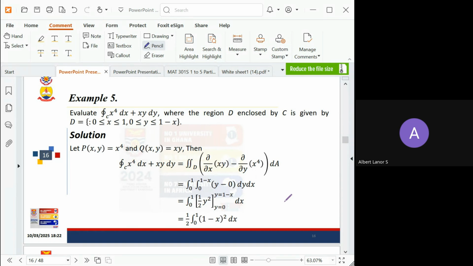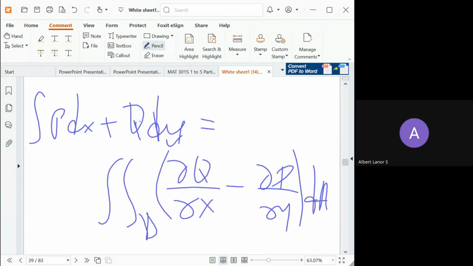Now we want to integrate x^4 dx plus xy dy over this region. So there is an x region and there is a y region. So we're going to formulate the Green's problem. Now the Green's problem says that, so let me pick the problem first.